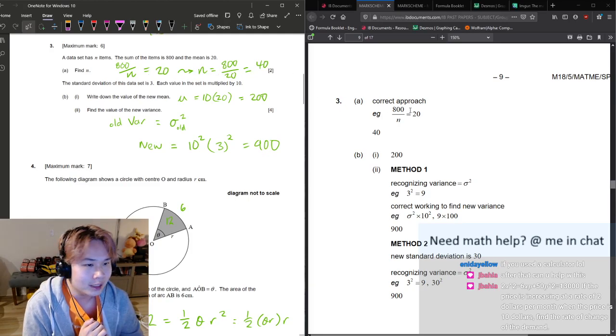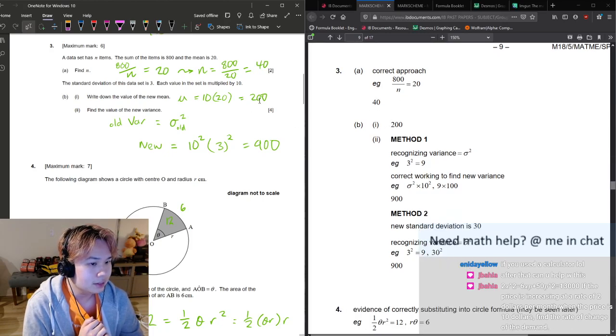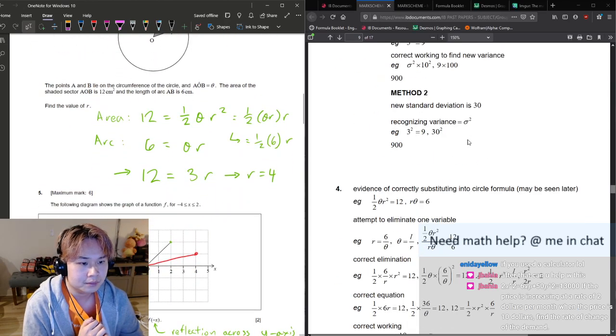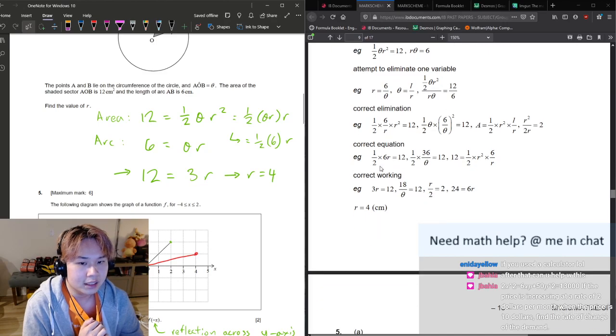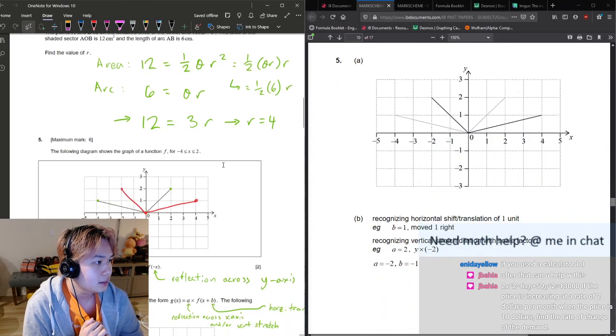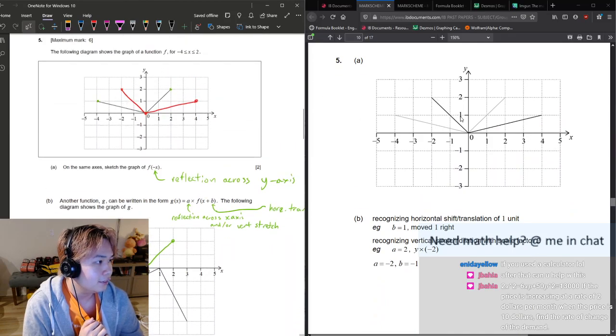N is 40? Yeah, 40. So that's good. 200, 200, 900, 900. So that's good. R is 4 centimeters, 4 centimeters. I got the graph over there.